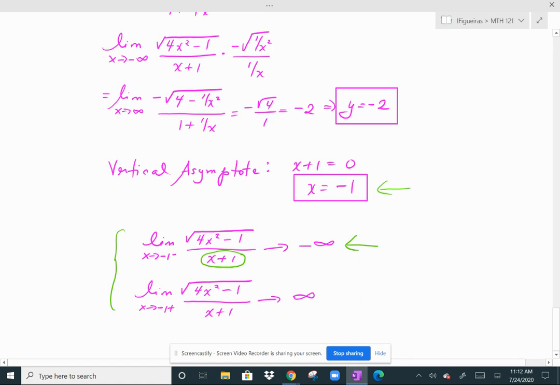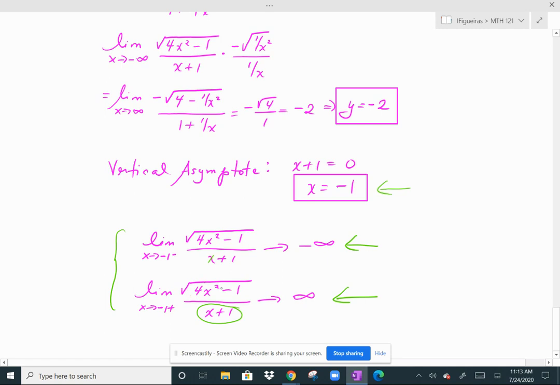And as I approach negative 1 from the right, then x plus 1 from the right means that I get a small positive number here. So that means that the entire thing approaches positive infinity.